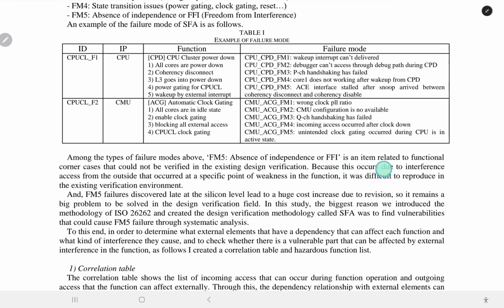Because this occurs due to interference access from the outside at a specific point of weakness in the function, it was difficult to reproduce in the existing verification environment.